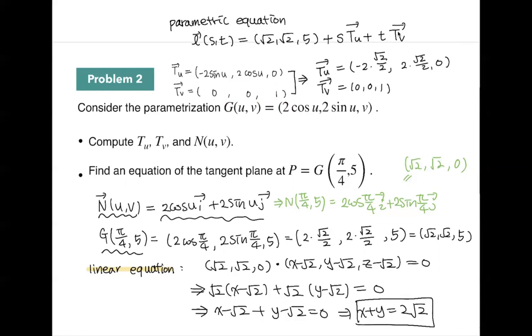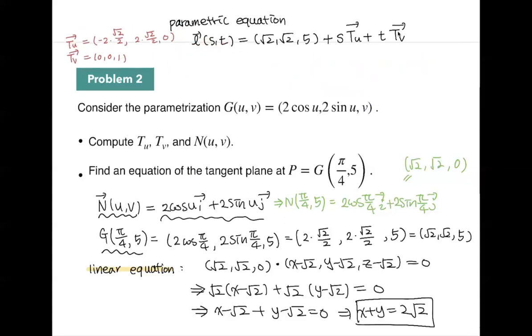Then our parametric equation is given by root 2, root 2, 5 plus s times our Tu, which is minus root 2, root 2, 0, plus t times 0, 0, 1.